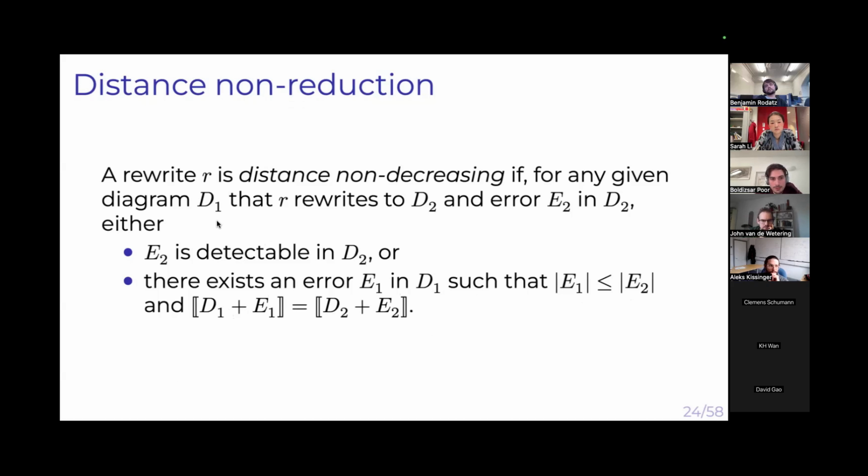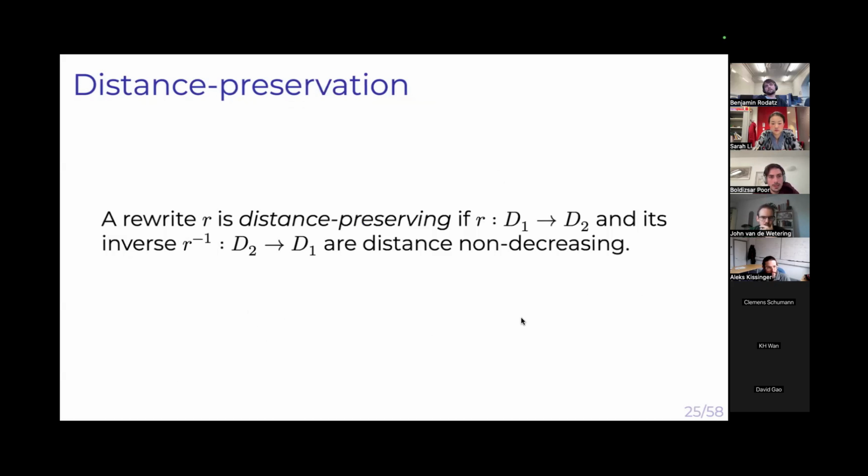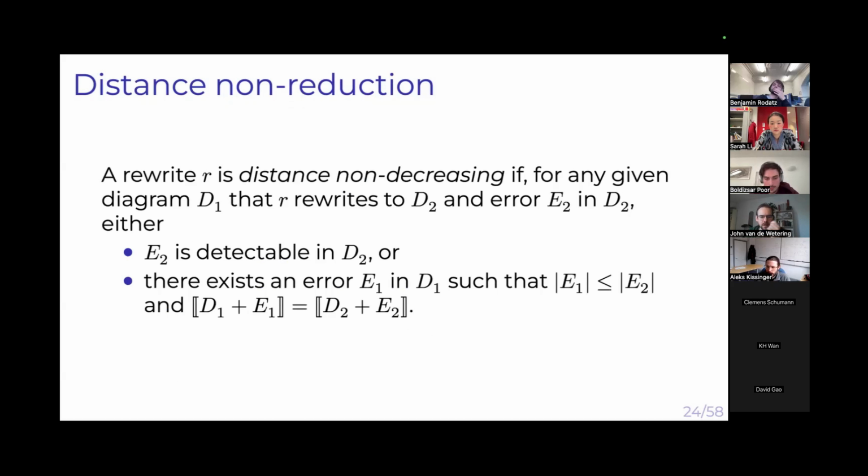So the rewrite takes D1 to D2, but if we do these rewrites with an error applied, there is another error which is smaller in size. And then distance preservation. Sorry, yes. If I'm not forgetting my definitions, something is undetectable if the interpretation becomes 0, right?